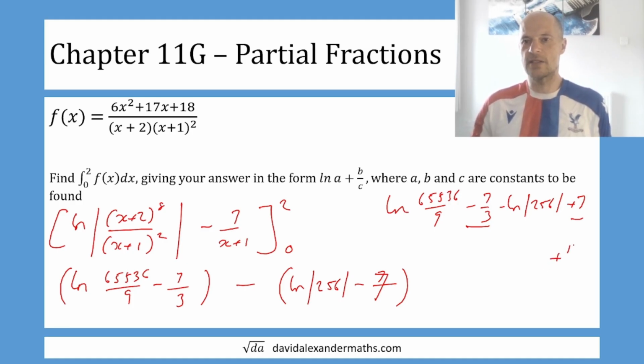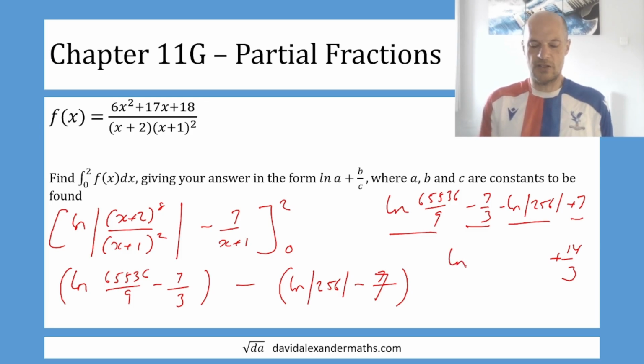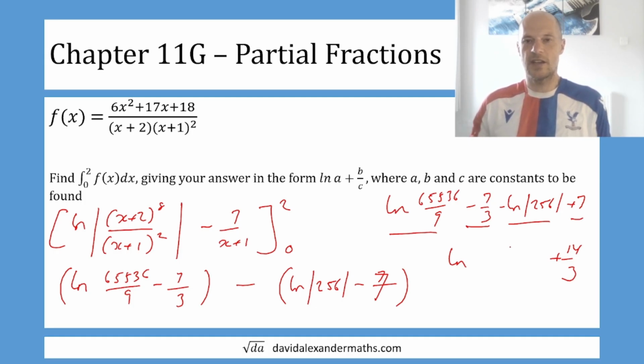So B is 14 and C is 3. And we are subtracting one log from another. So what we can do is divide 65536 over 9 by 256. So let's just type that back in, 65536 over 9, divide that by 256, and we're getting the ln of 256 over 9.